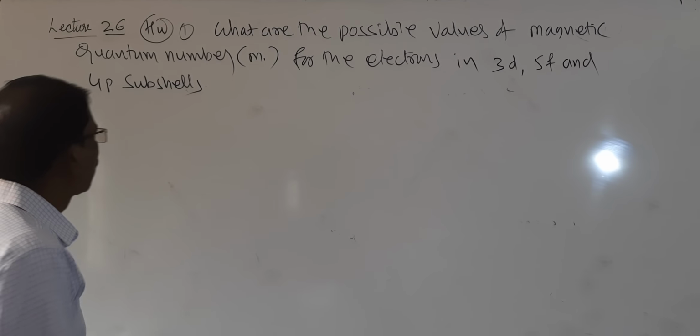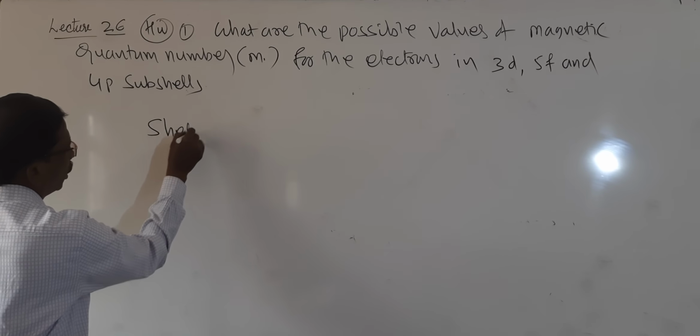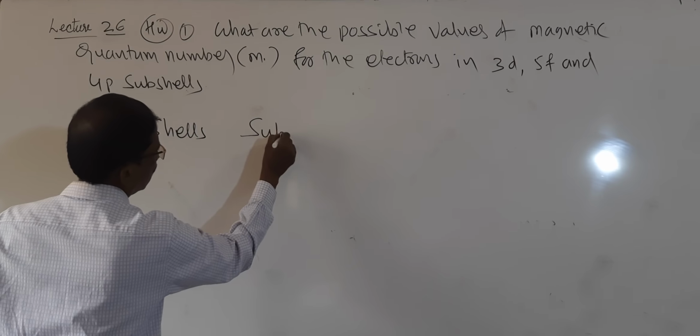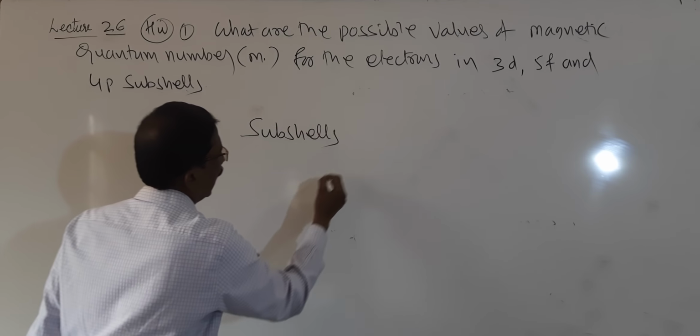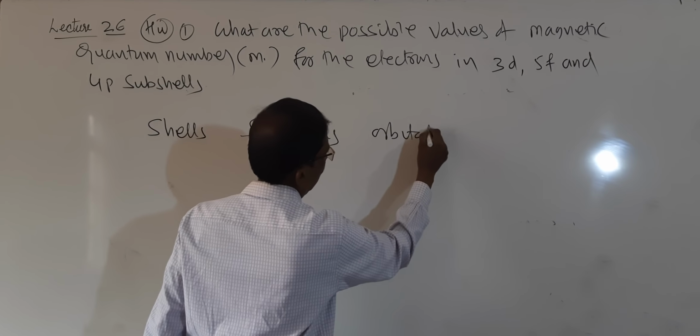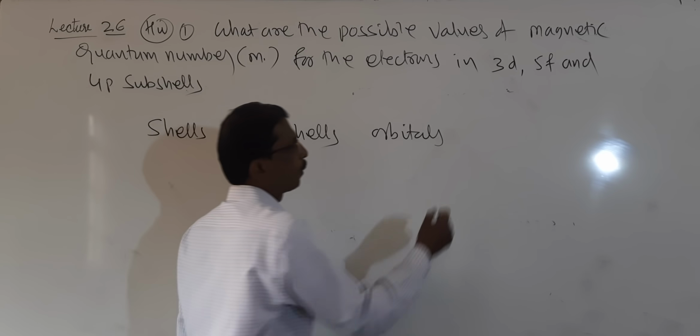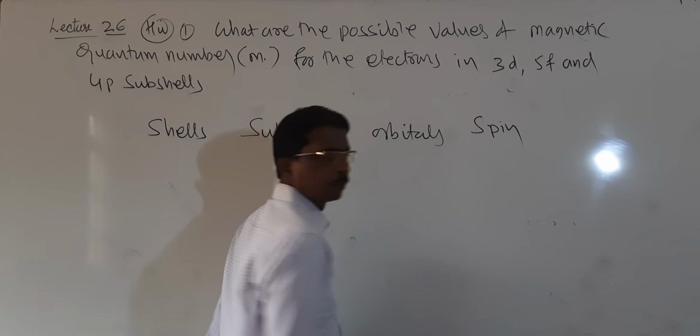We know the order: shells, subshells and orbitals, and after that you will get a spin.